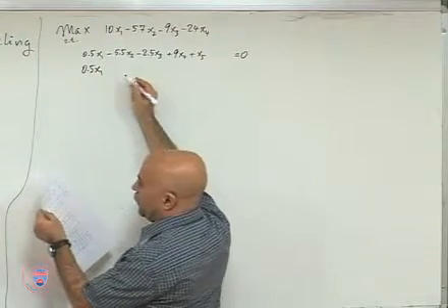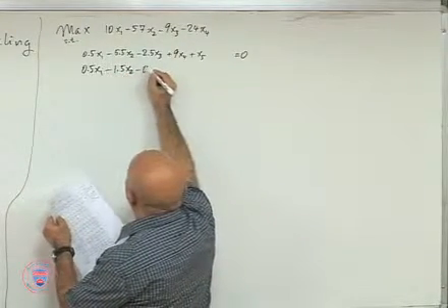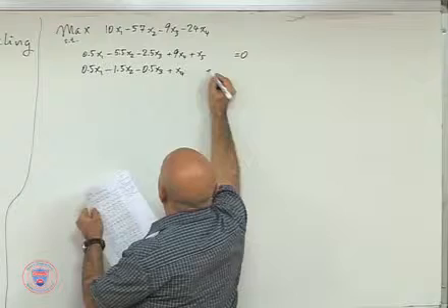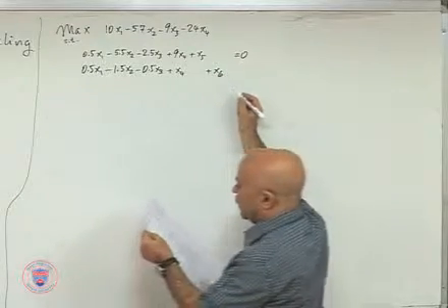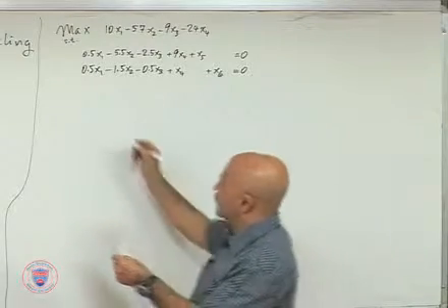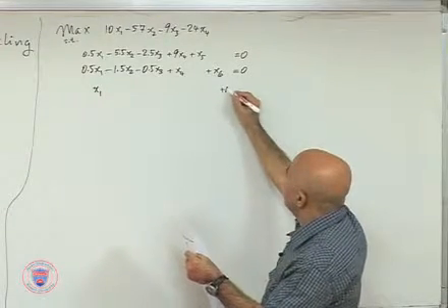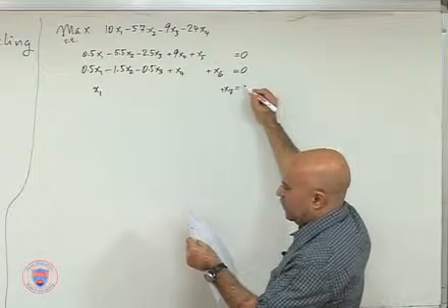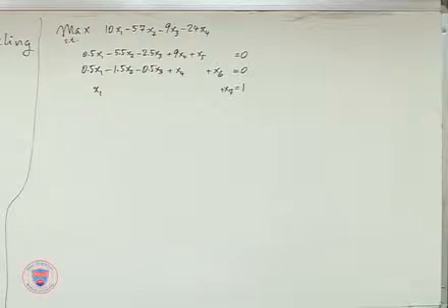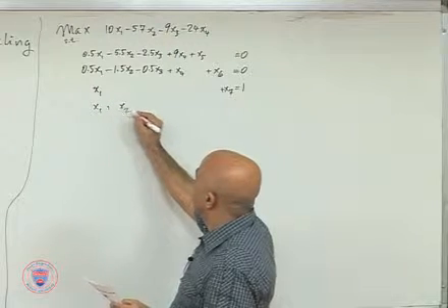The second constraint, 0.5x1 minus 1.5x2 minus 0.5x3 plus x4 plus x6 equals 0 again. And then we have a third constraint, which has x1 plus x7, again slack, equals 1. So the last constraint is actually x1 less than or equal to 1, but we have the slack here. And then you have the non-negativity.